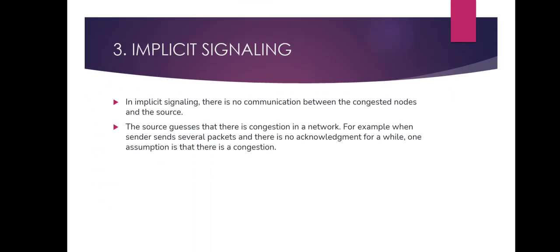So third is implicit signaling. In implicit signaling, there is no connection between the congested node and the source. There is no communication between the sender side and the receiver side. So obviously the sender will not get any acknowledgement from the receiver side. So the sender feels that because of some problem the packets were not received on the receiver side, so the sender will resend that packet.